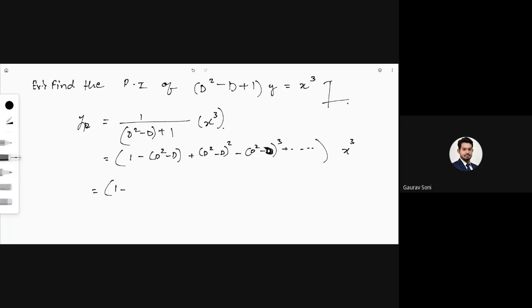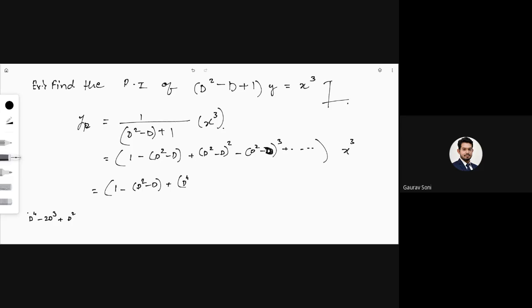So what we will have is D square minus D plus, if you square this, you will have D raised to 4. And let's do it on a rough. D square minus D square. D raised to 4 minus 2 D cube plus D square.